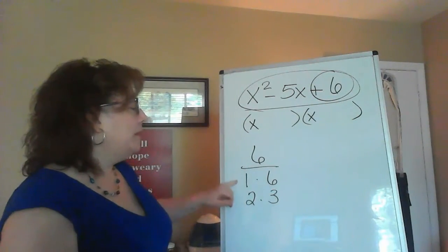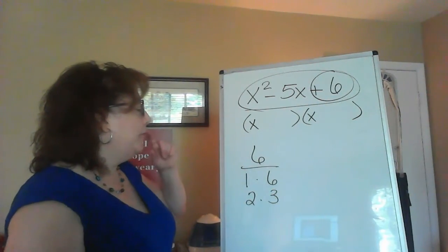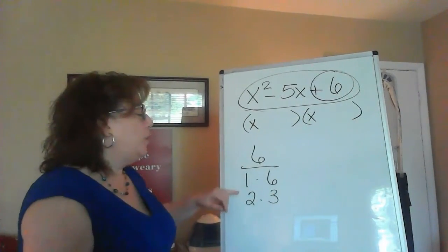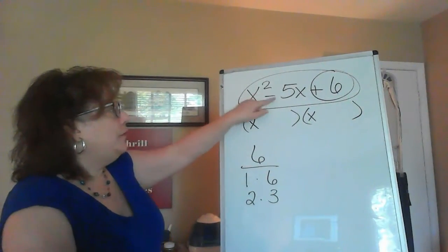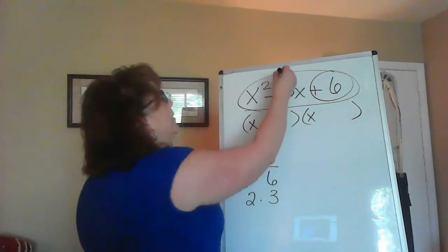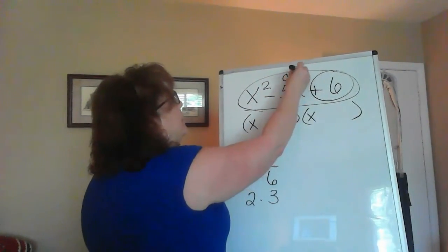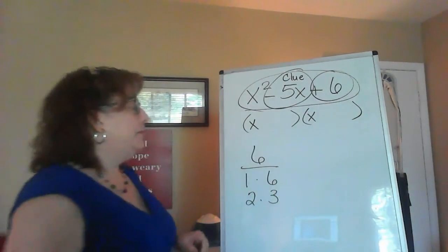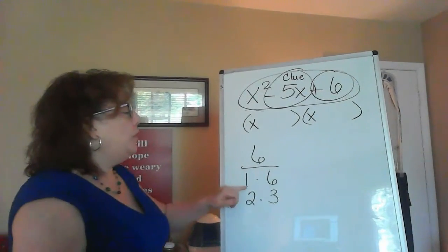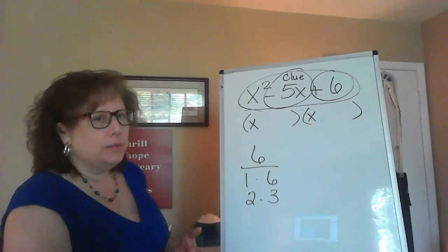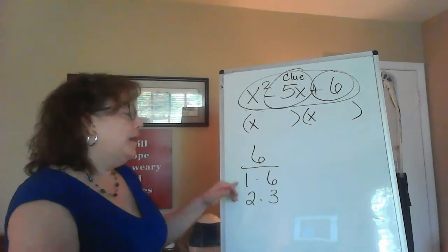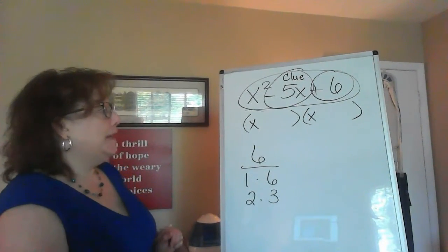But I want to figure out which one of these can get me to 5. This middle piece is my clue. I want to figure out which one of these can get me to 5, either adding it or subtracting it. Well, unfortunately, both of these can get us to 5.